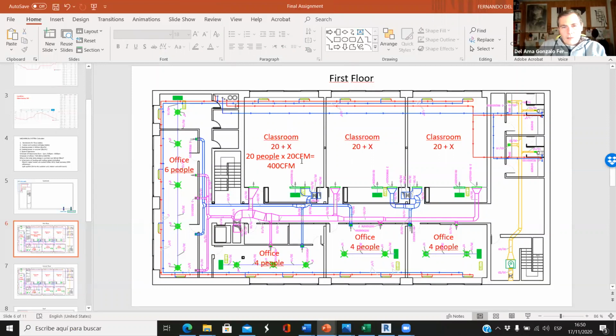Okay, so this would be 400, 400, 400, and here we have 4 people times 20 CFM. So this is 80 CFM per office, and this one is 120.